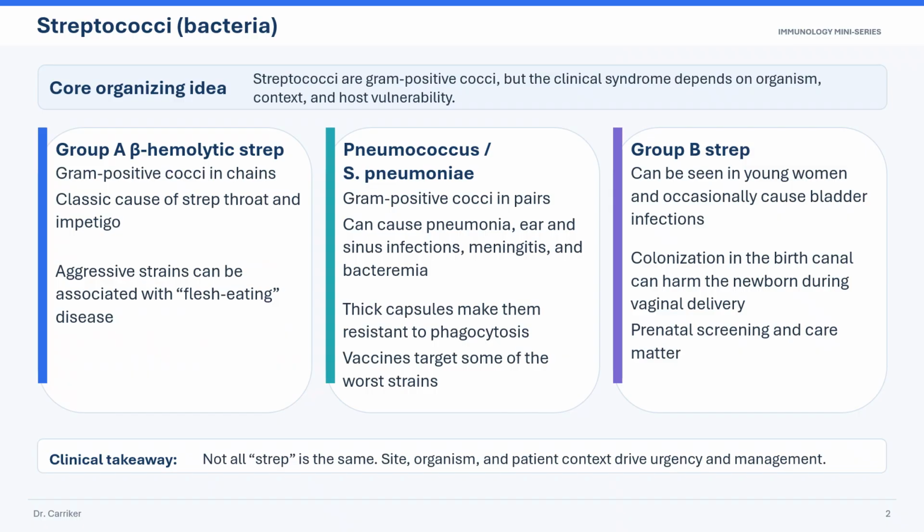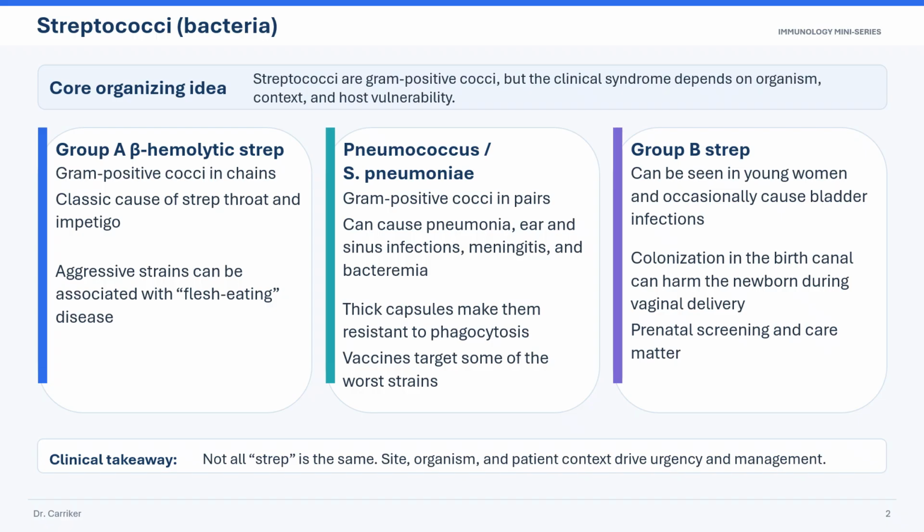Streptococci are gram-positive, but unlike staph clusters, they are often described in chains or pairs, and it's somewhat dependent on the organism. So group A, which is a beta hemolytic strep, causes classic strep throat, impetigo, and can lead to aggressive soft tissue disease. Streptococcus pneumoniae is different.